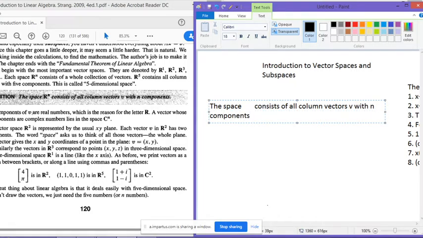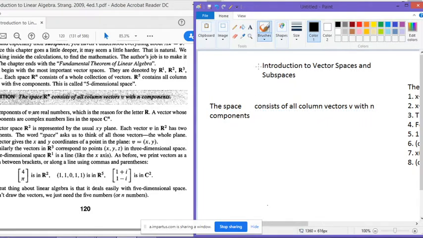That is what it means. So that is the definition of the vector space.